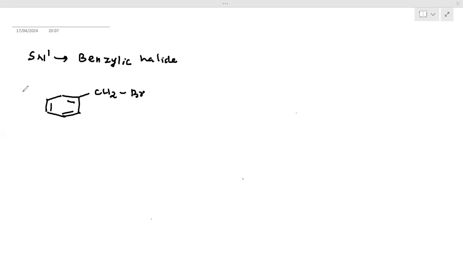What is the definition of the benzylic halide? The definition is a halogen attached with an sp3 hybridized carbon, only the single bond. So this hybridized carbon is sp3.